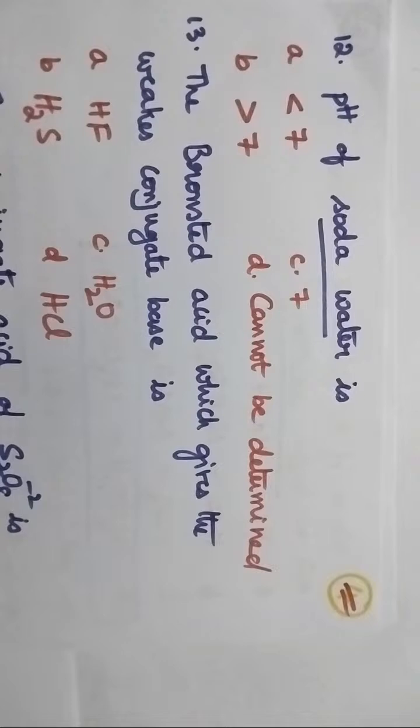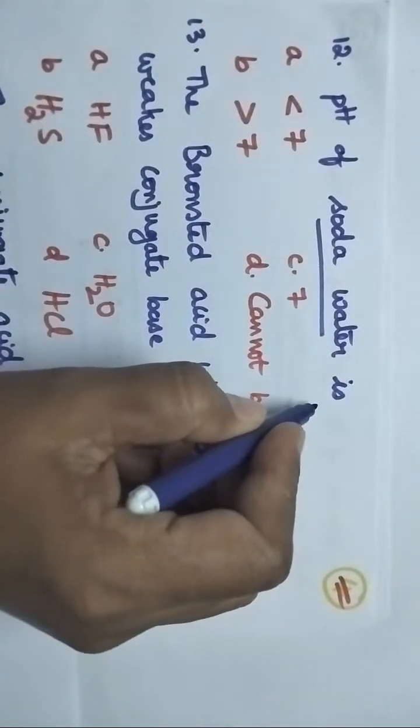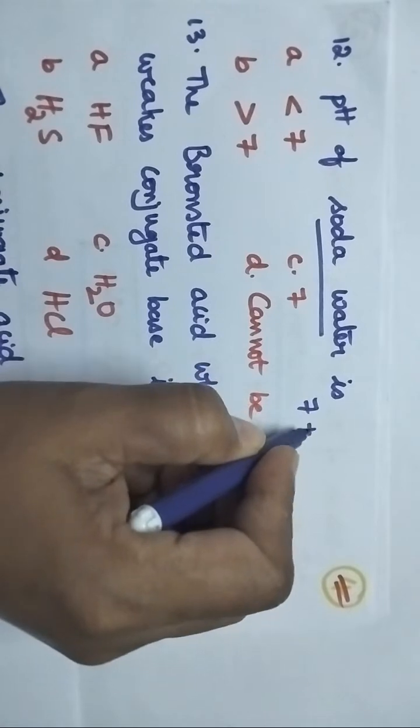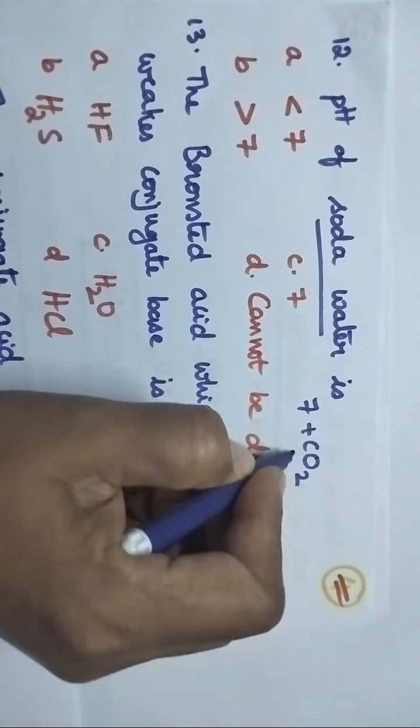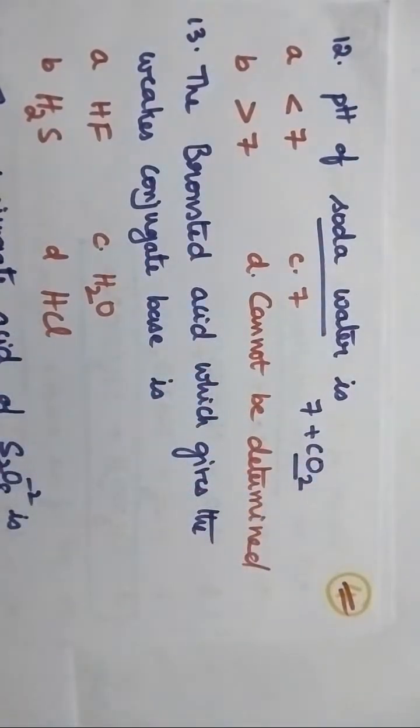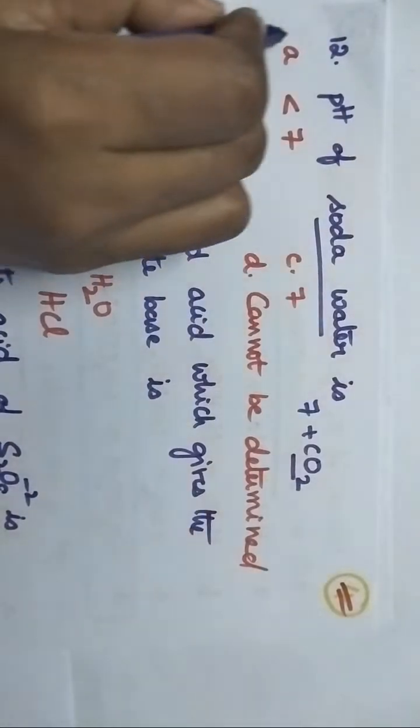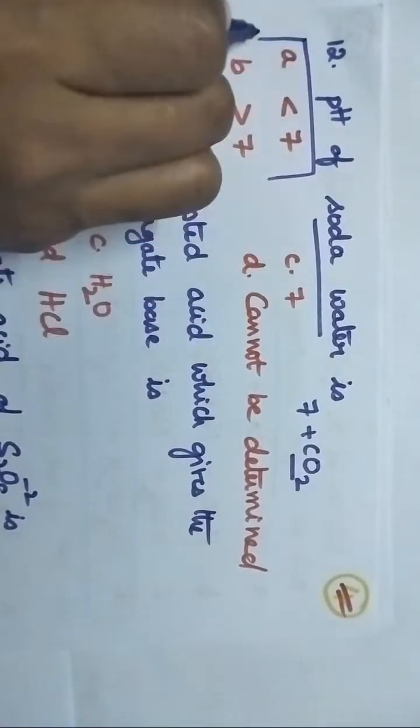Banu, what is your answer? So what is the pH of water? Generally it is 7. Soda water means we are adding acid. So it should be acidic in nature, that means it should be less than 7. So option A is the right answer.